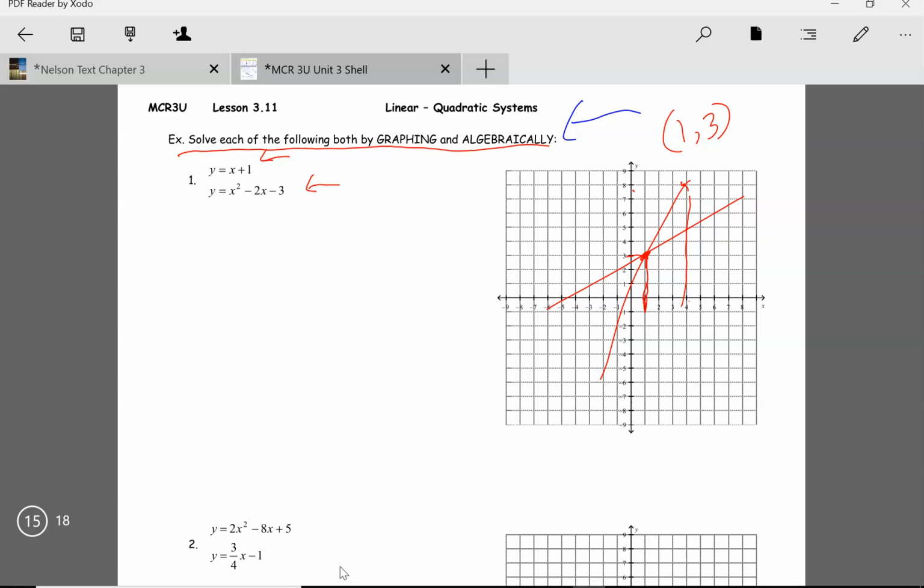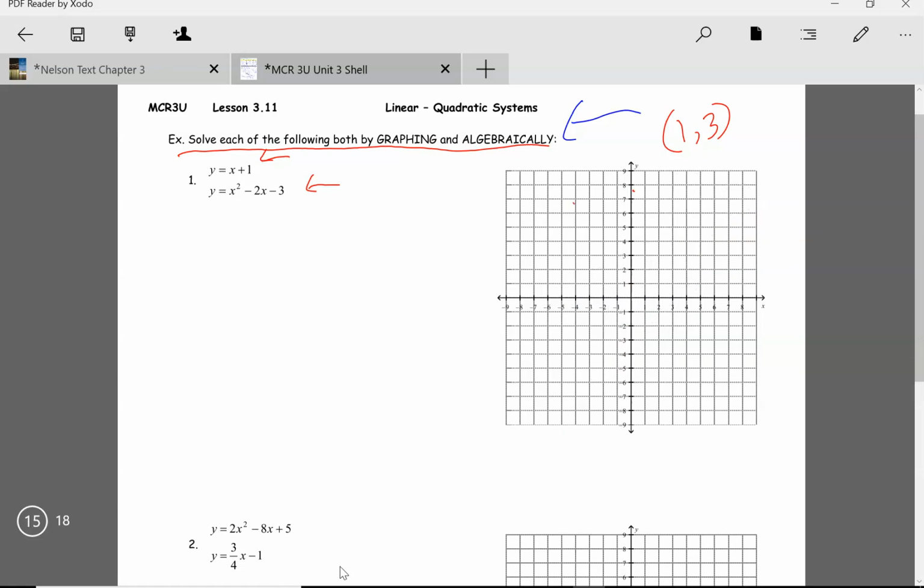So hopefully we're understanding graphically what a point of intersection is, but hopefully now we're understanding algebraically what it means. It means, okay, let's find the one x value, or if there's 2 points of intersection, there's 2. A line and a line can only have 1 point of intersection, right?